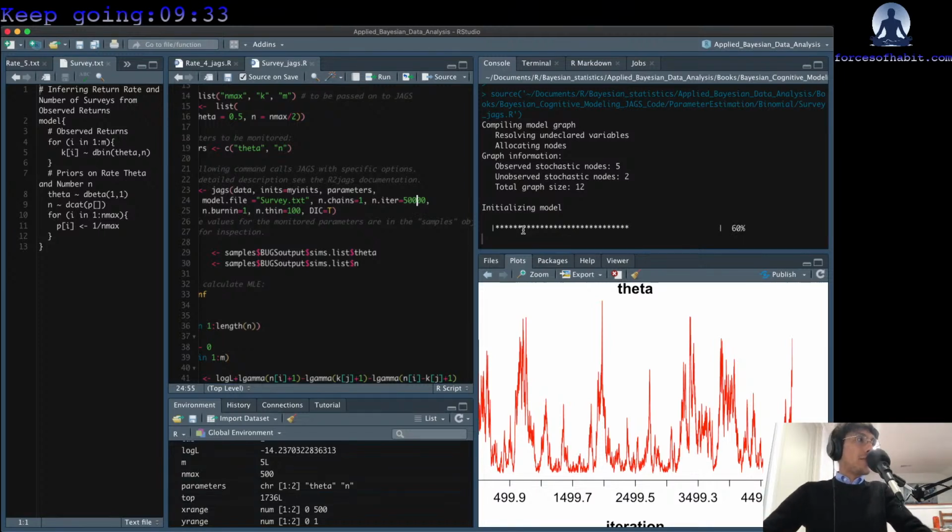Oh wow, so I should change the chains too. So let me also, I'm just reading one of these notes. It said I should pick up the chains so I can see some of the mixing too. I'll do that.